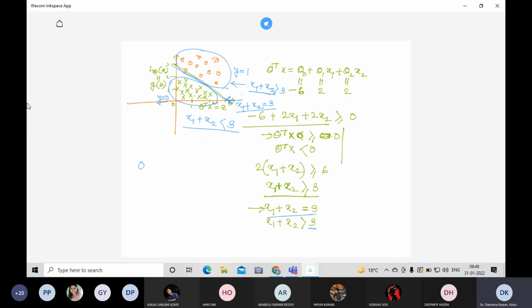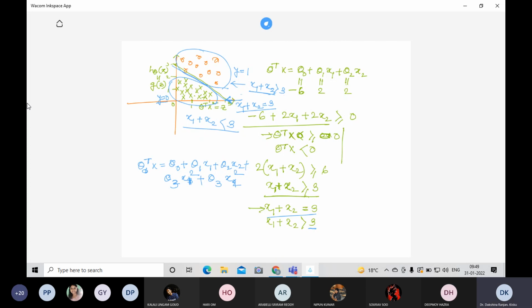Now let us consider another hypothesis representation where the model parameters are theta 0 plus theta 1 x1 plus theta 2 x2. Then we can have theta 3 x1 square, theta 4 x2 square.